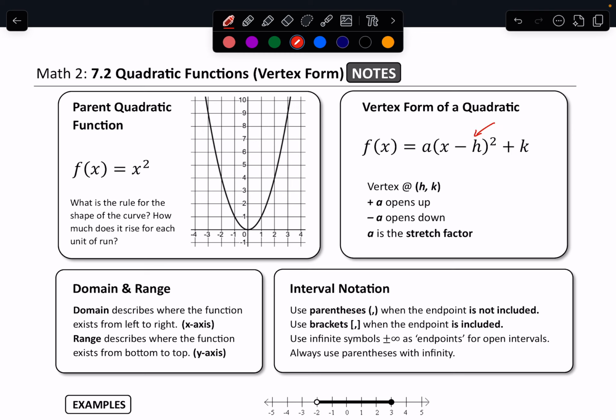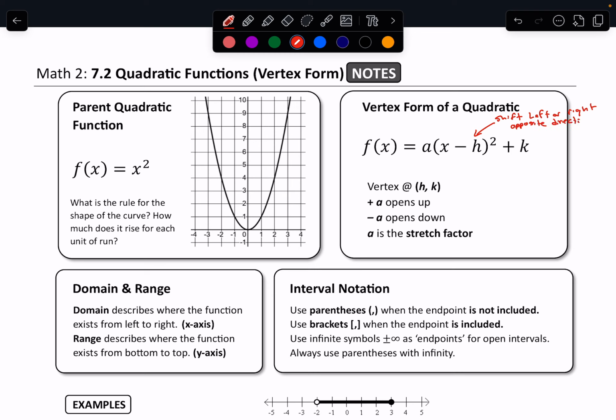The h is going to shift left or right. And remember, it goes in the opposite direction. So a negative number where the h is at is actually going to shift it to the right. So you might want to write shift left or right in the opposite direction.